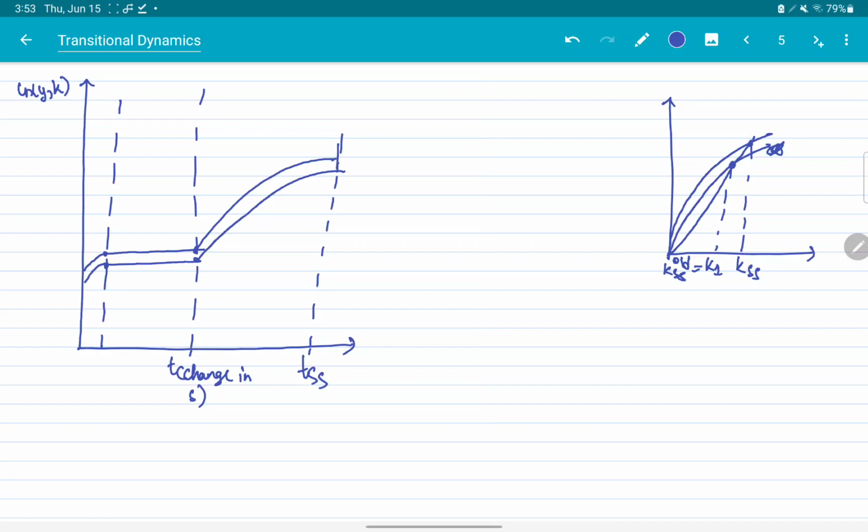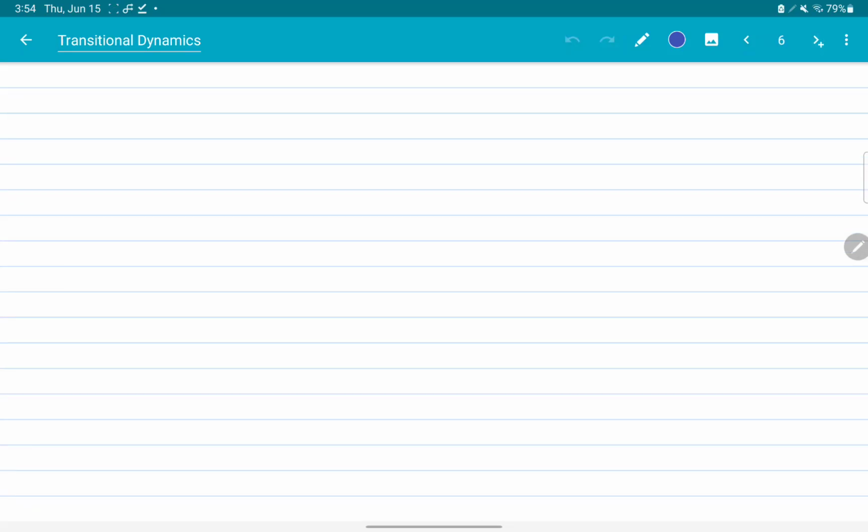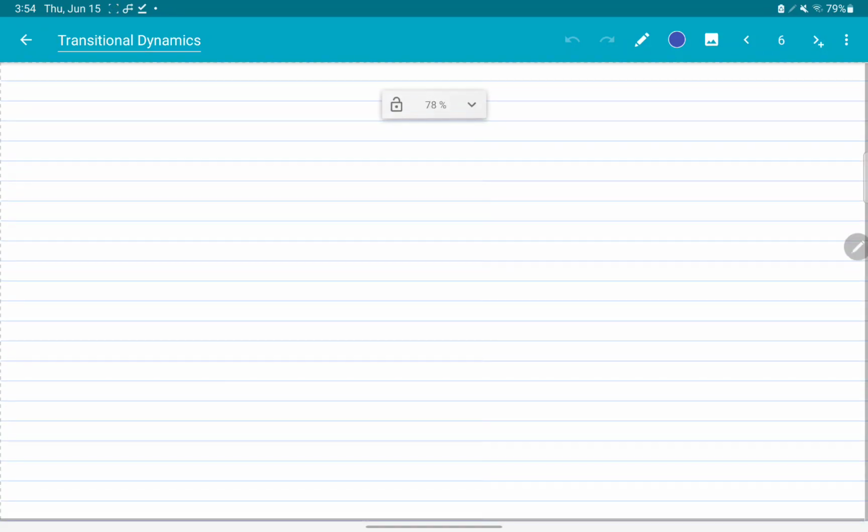I think the diagrams for capital K and capital Y can be constructed by you based on what we have done thus far. Finally, we'll look at our transitional dynamics diagram again and look at the same answer on that diagram.